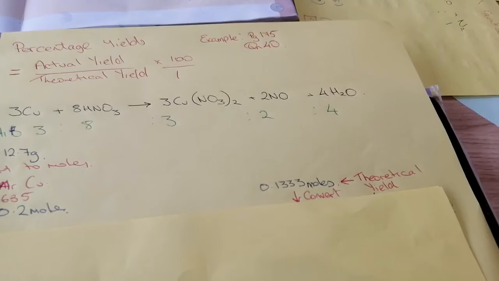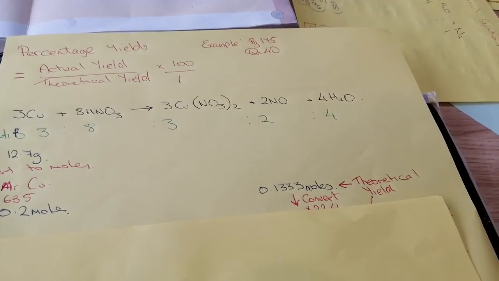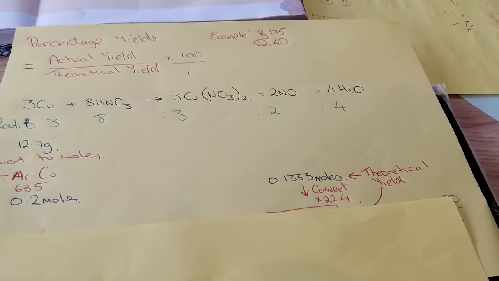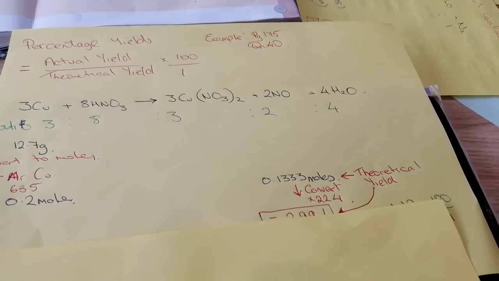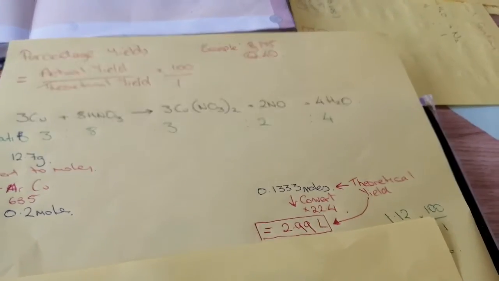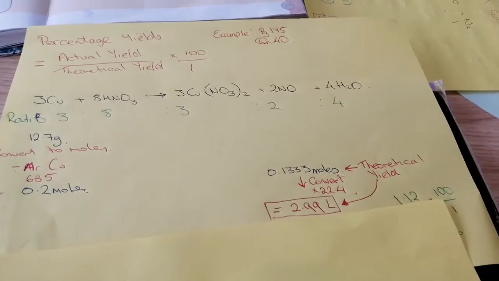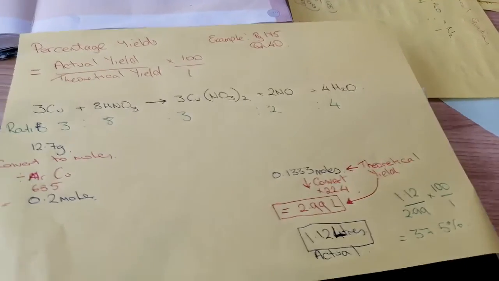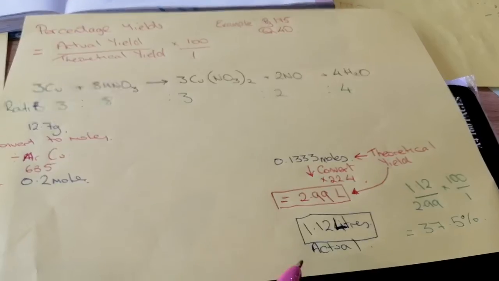Now my theoretical yield in moles is great, but they gave me the actual yield in litres, so I have to convert that to litres at STP. I multiply it by 22.4, and my theoretical yield in litres is 2.99. Then I go back to my question, and they tell me that my actual yield is 1.12 litres.